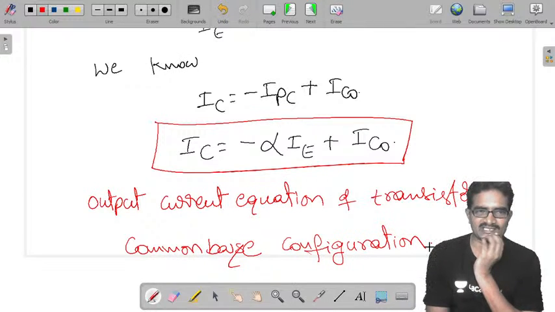Output current equation of transistor in common base configuration.